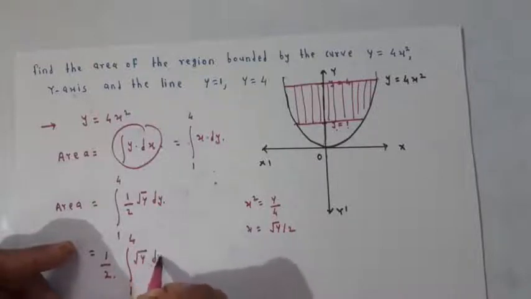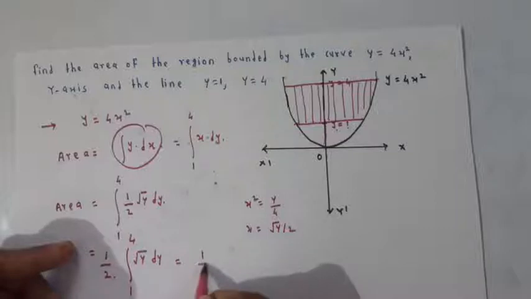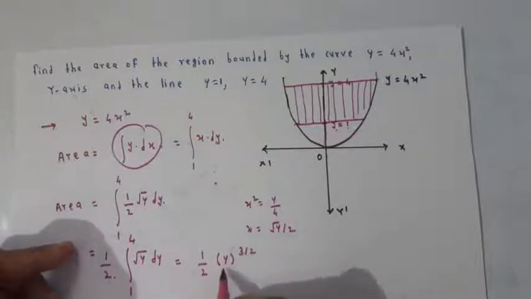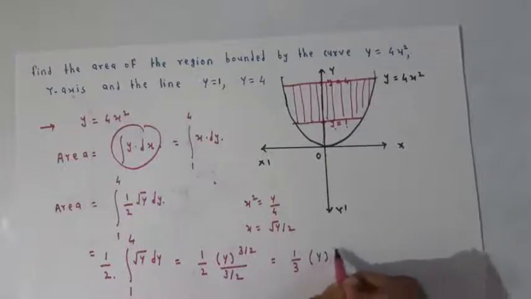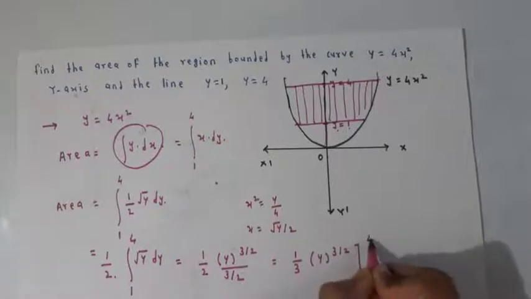1 by 2, limits of integration 1 to 4, root y with respect to y, this is equal to 1 by 2 y raised to 3 by 2 upon 3 by 2. So this 2 gets cancelled, and here 1 by 3 y raised to 3 by 2, limits of integration 1 to 4.